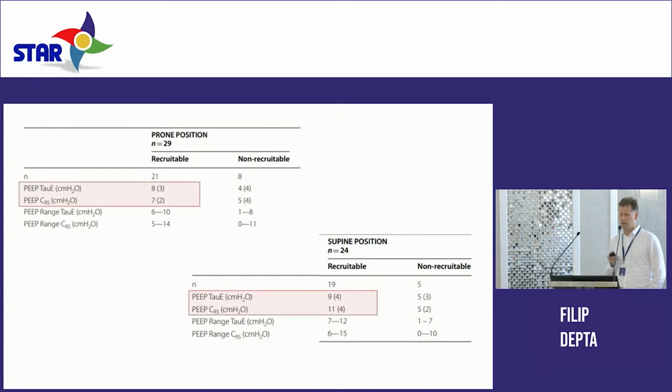As you can see here, in both recruitable groups, those patients lying on the back and those in a prone position, the average values were relatively close, although in supine position, the tau time constant seems to be more sensitive to overdistension. This relates to the electrical impedance study that we performed but didn't eventually publish because the number was too low. So the overall mechanics was similar, although it differed from patient to patient.